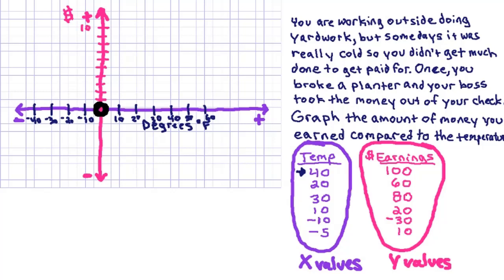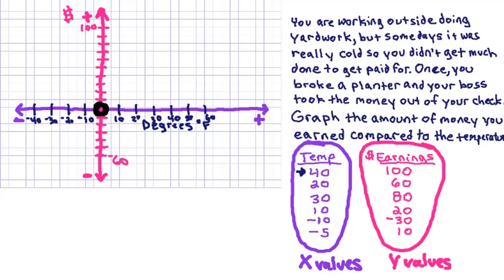And just to remind us, we're going to put $100 up here. And don't forget about the negative values. So we're going to have negative $10, negative $20, negative $30, negative $40, negative $50, negative $60. And I'll put negative 60 here just to remind us.